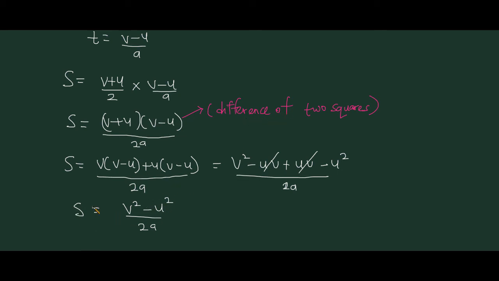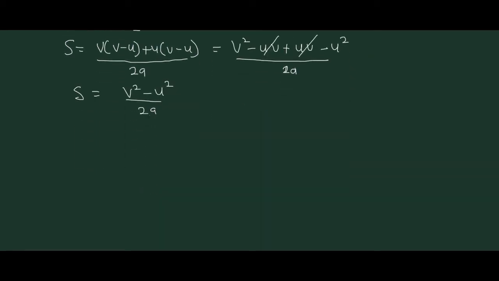From here, all I'll do is cross multiply. When I cross multiply, this gives me v squared minus u squared equals 2as.